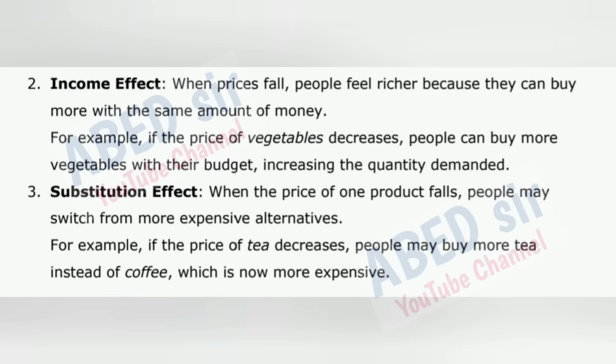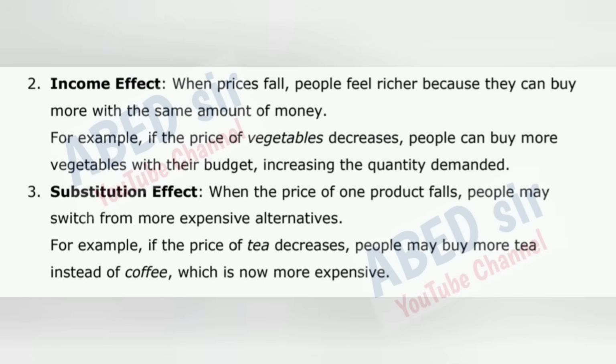2. Income effect. When prices fall, people feel richer because they can buy more with the same amount of money. For example, if the price of vegetables decreases, people can buy more vegetables with their budget, increasing the quantity demanded. 3. Substitution effect.